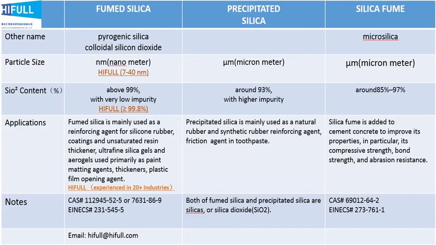It is commonly used in rubber, plastics, and sealants for reinforcement, as well as in the food and pharmaceutical industries as an anti-caking and flow aid. While both types of silica improve the mechanical properties of products, fumed silica is often preferred for its thixotropic control and dispersion qualities, whereas precipitated silica is more economical for bulk applications requiring fillers.